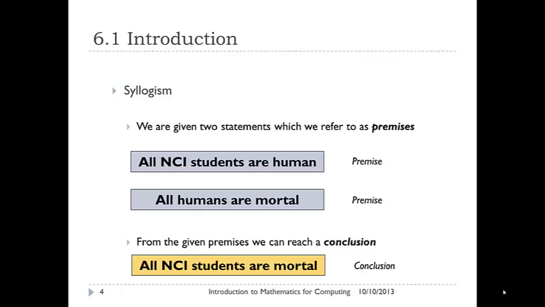So this word all is quantifying the area of discourse, the subject matter, in some way. So based on these premises we can see that all NCI students are mortal. So all students are human and all humans are mortal, therefore all NCI students are mortal. This would be the conclusion that is reached using this idea of a syllogism.